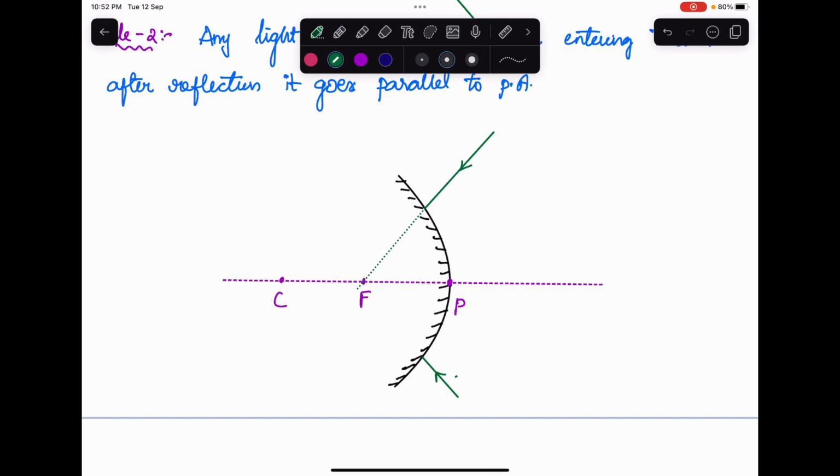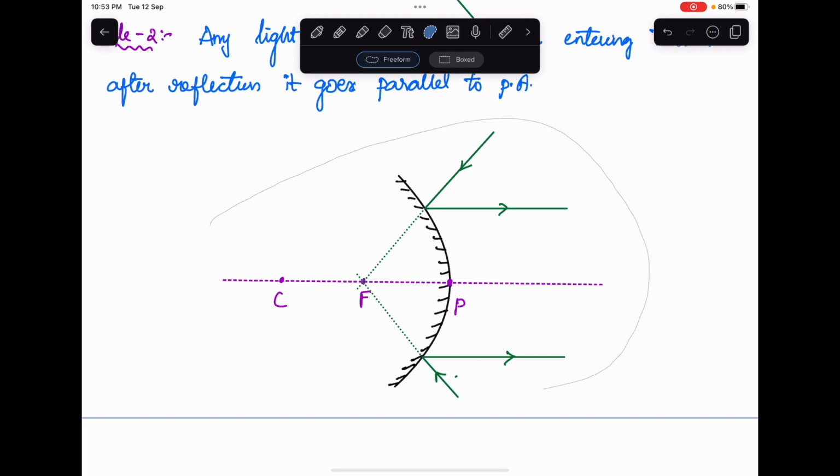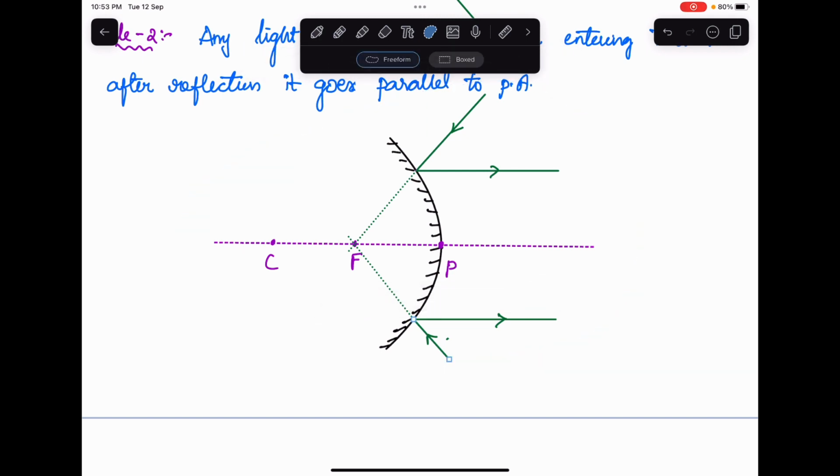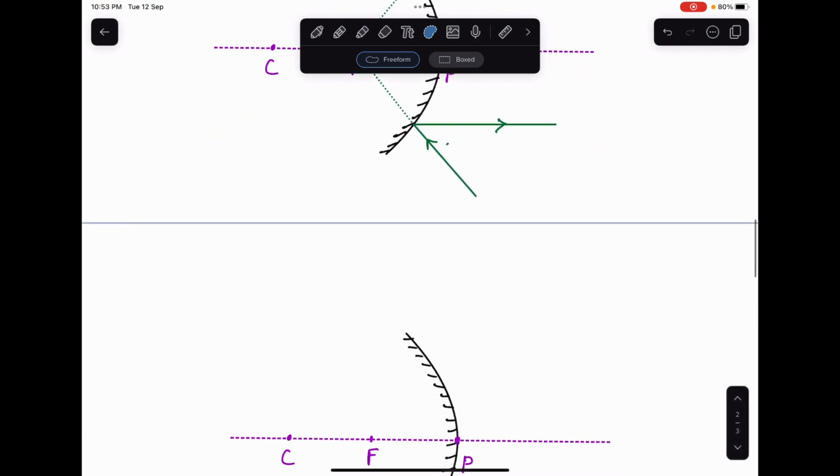Say it is appearing to be entering into focus. What will happen after reflection? After reflection, it goes parallel to principal axis, exactly the reverse of rule 1. Clear? Any light ray appearing to be entering into focus, after reflection, goes parallel to principal axis. In this way. Right.